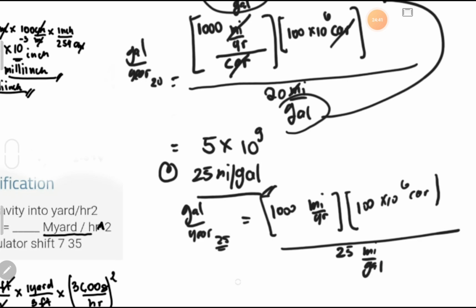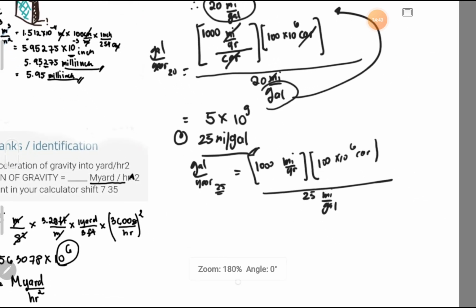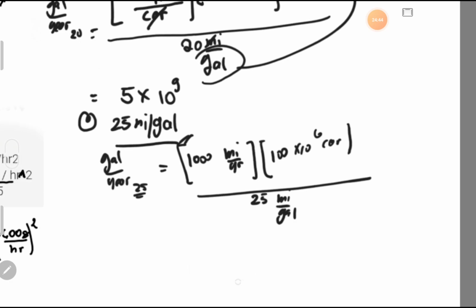So, pag wala ka nang talagang maisagot sa mga quizzes mo, the best thing to hack is to know the units. Yun yung pinakamagandang sandigan, yung units of measurement natin. So, we have 1,000 times 100 times 10 raised to 6 divided by 25.